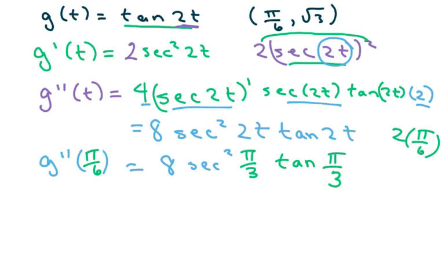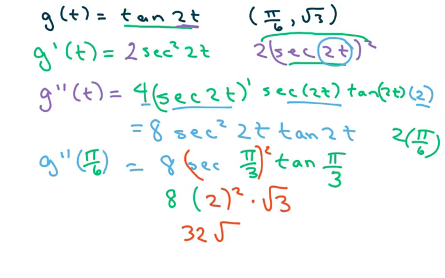So, secant of, I'm going to go ahead and put the square on this one on the outside. So secant of pi over 3 is 2. So we have 2 squared. And tan of pi over 3 is square root of 3. So 2 squared is 4. 4 times 8 is 32 times the square root of 3.